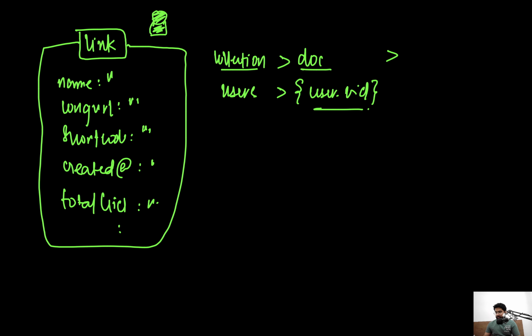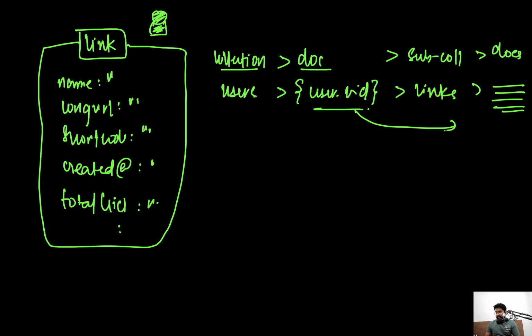Then inside the document we can have a sub collection of links within which we can add all the links that the same user created. So this is one way in which we can structure the database.